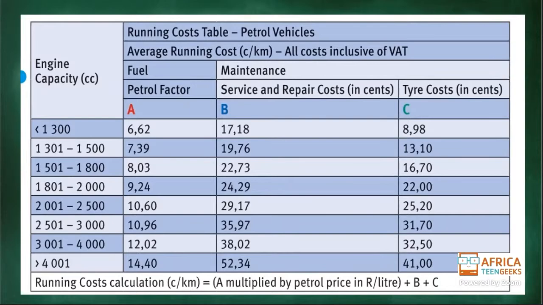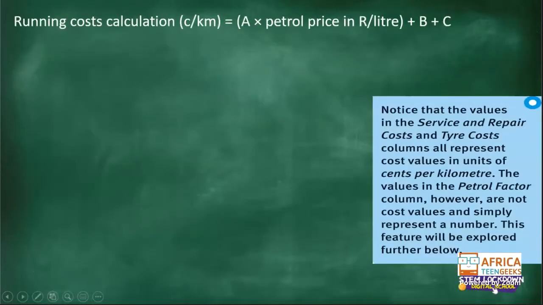So VAT has already been included in all of these service and repair costs. So I'm just showing you now that this is the formula that we use. And I hope that you have a pen and paper with you, and you can jot down this formula, because we are going to need it when we do the calculations at a later stage.